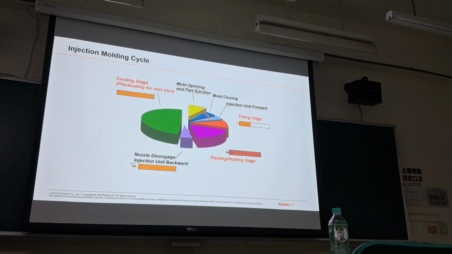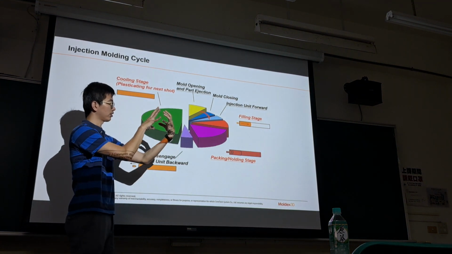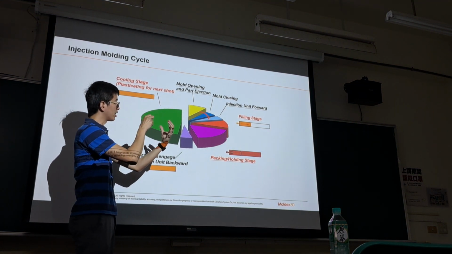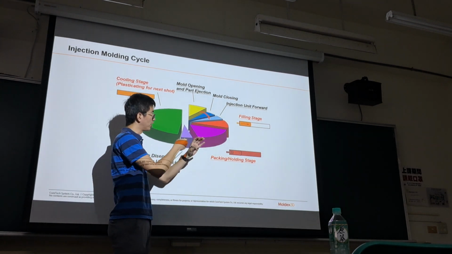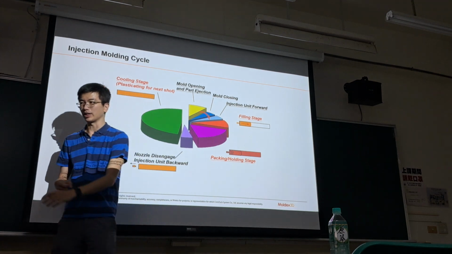So if we take a closer look at the molding cycle, injection molding can actually be divided into 3 or 4 stages. So the first one, we close the mold. And then the injection unit moves forward, so this can push the melt into the cavity.